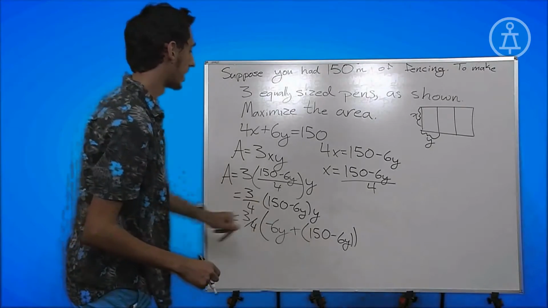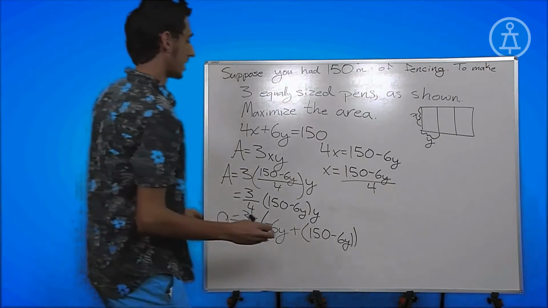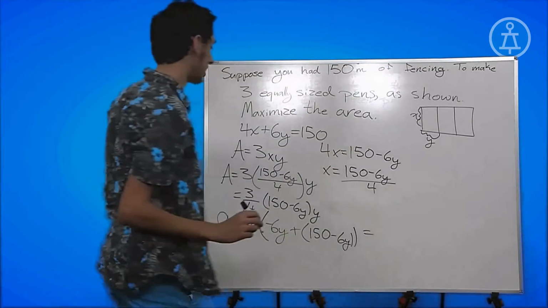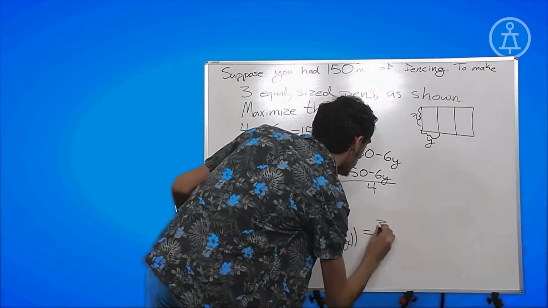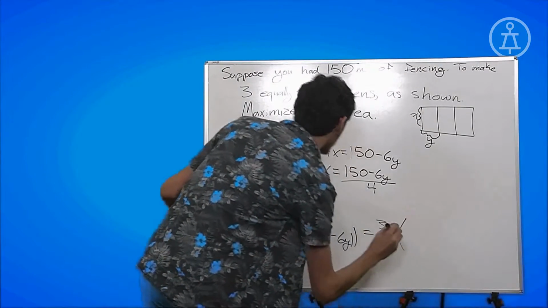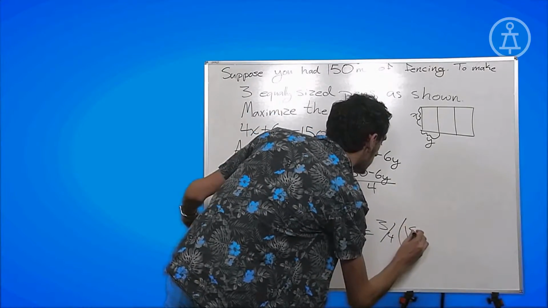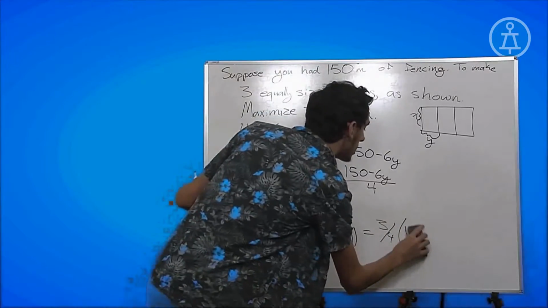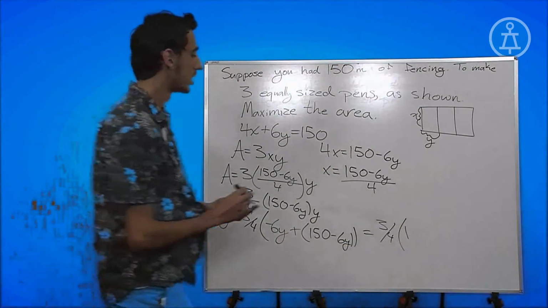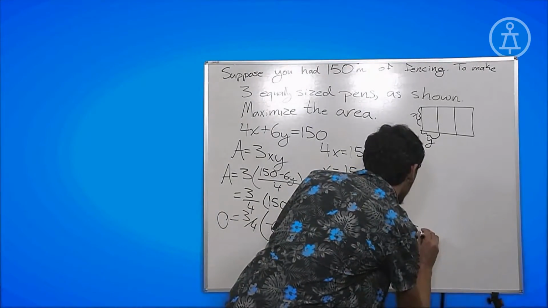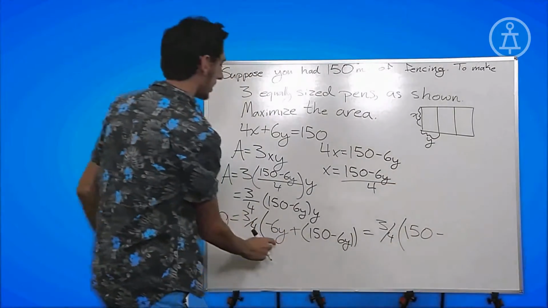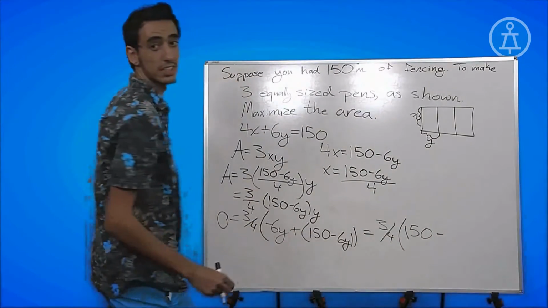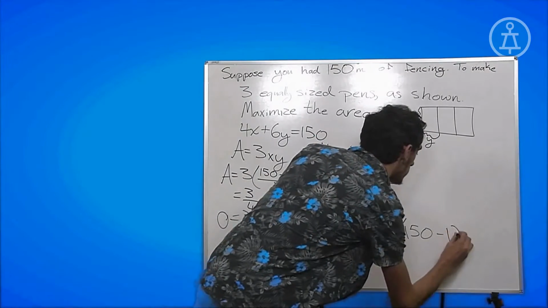So we can simplify what's in the parentheses right now. So we're going to get 3 over 4 times 150 minus 6y plus negative 6y, which is negative 12y, so 150 minus 12y.